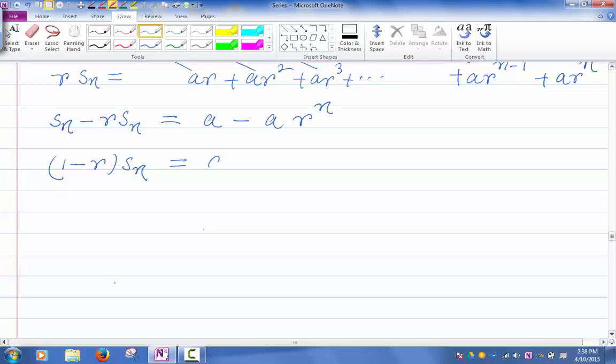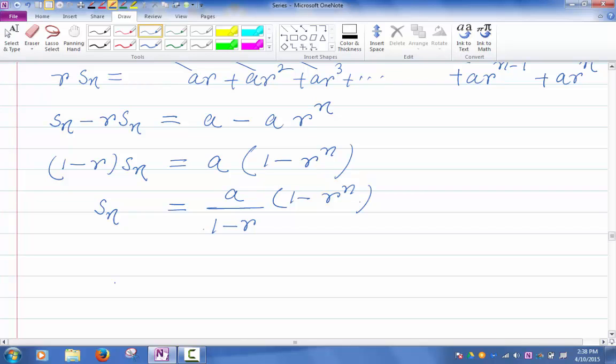And here I'm going to factor out a, and I get 1 minus r to the n. And finally I can say that Sn is equal to a divided by 1 minus r multiplied with 1 minus r to the n. You agree with that? I'm dividing both sides by 1 minus r.